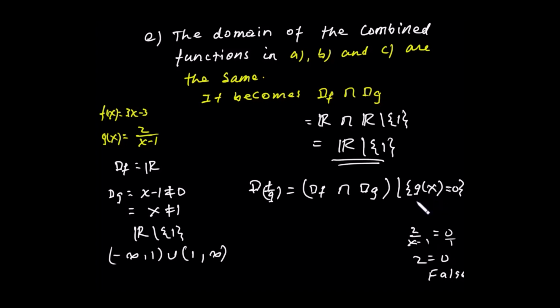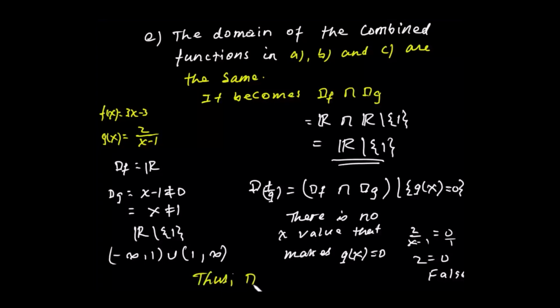What does this mean? There is no number x that makes g of x 0. g of x is 2 over x minus 1, and there is no x value that makes it 0. So only the intersection is taken.